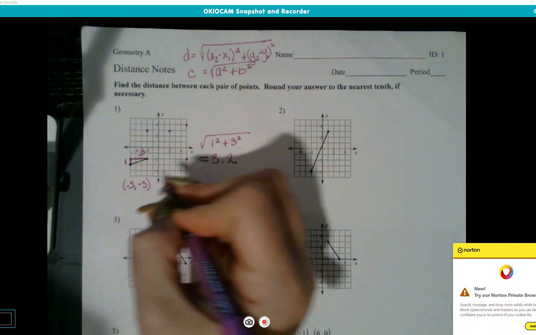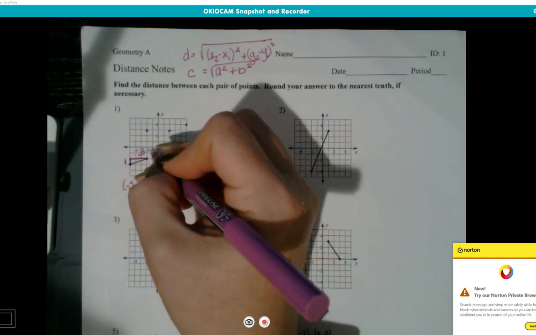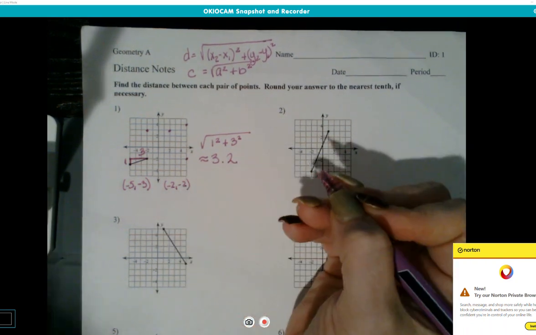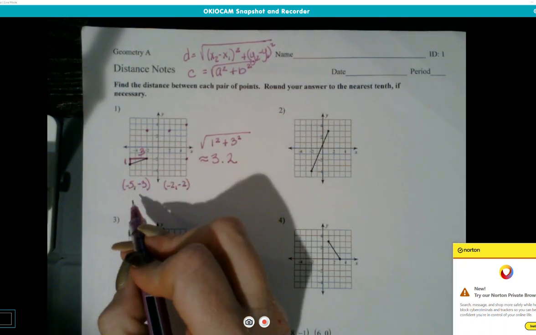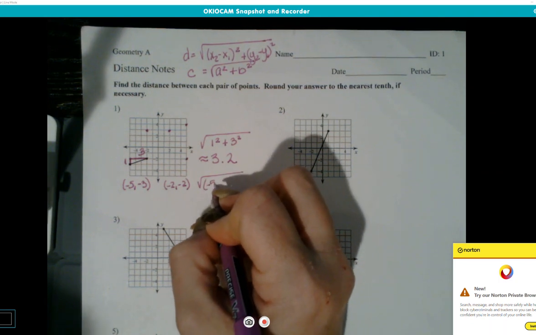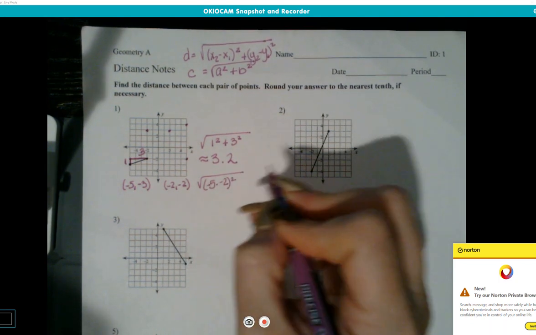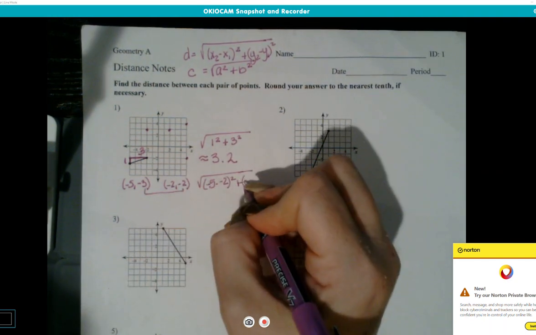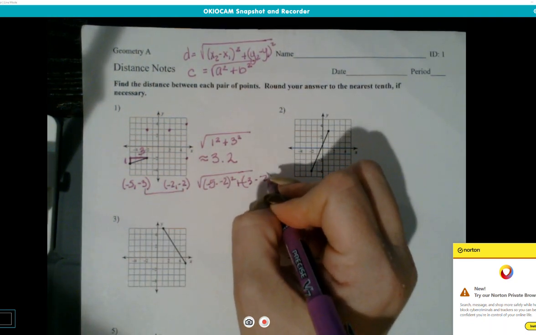We're pulling all the way back from middle school here. So -2, -2, just pulling points off a grid. If I were to type in my calculator the distance, -5 minus -2 squared, plus my y's, -3 minus -2 squared.